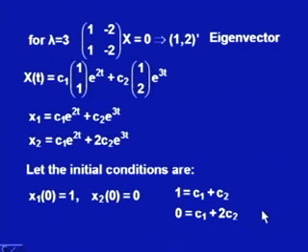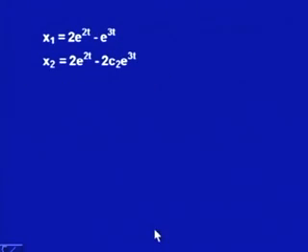These two equations can be solved easily, and the solution will be C1 is equal to 2 and C2 is equal to minus 1. When we substitute this here, we get the solution x1 as 2e^(2t) minus e^(3t) and x2 as 2e^(2t) minus 2e^(3t).